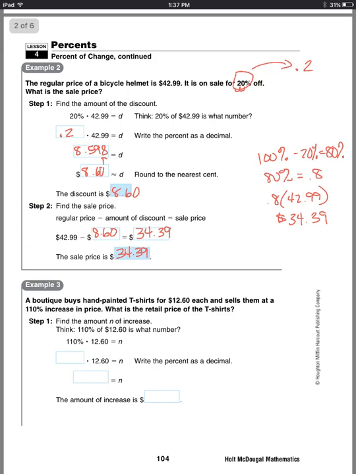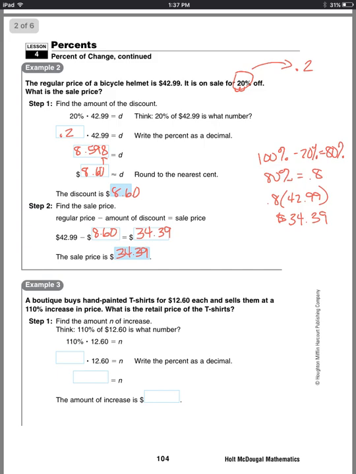Example 3, a boutique buys hand-painted t-shirts for $12.60 and then sells them at a 110% increase in price. What is the retail price of the t-shirts? So, we need to think of the fact we're multiplying still. What is 110% of $12.60?